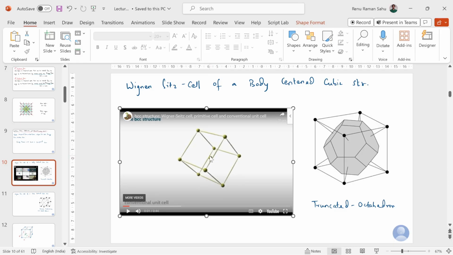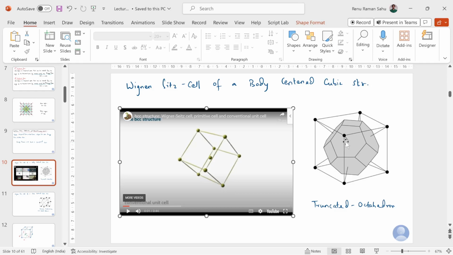Given a lattice, we can construct the Wigner-Seitz cell, irrespective of whether it is a reciprocal or real lattice. So how do you construct it? You take the body center and draw lines to all the neighboring lattice points.